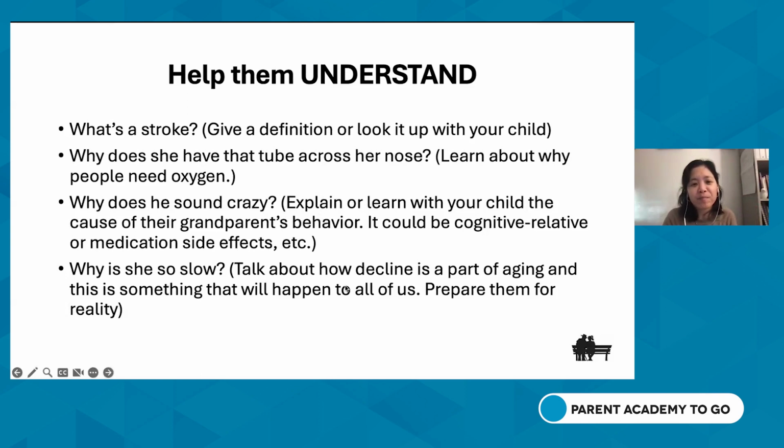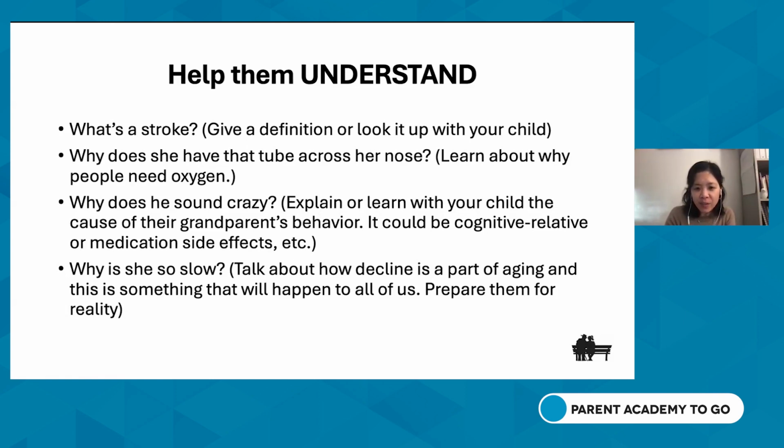So I'd love to know if you have been in a situation like that, or you see situations now where you could help your child understand what's going on. This is important even for us as adults, to really understand what's going on.